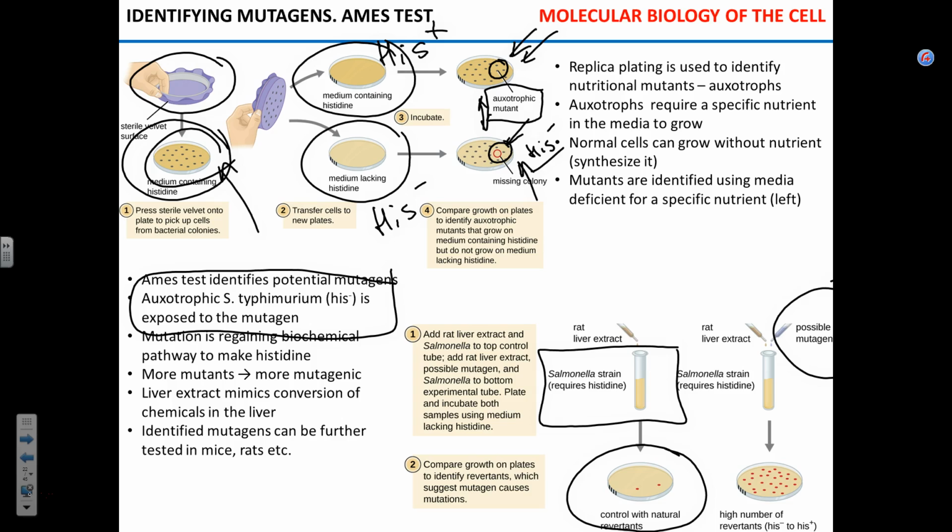Now, only colonies that can make histidine will grow. If the mutagen actually causes mutations, then there is a likelihood that microbes that cannot make histidine will revert to the normal phenotype, when they can make histidine, and the number of colonies on a histidine negative medium will increase. That makes sense?